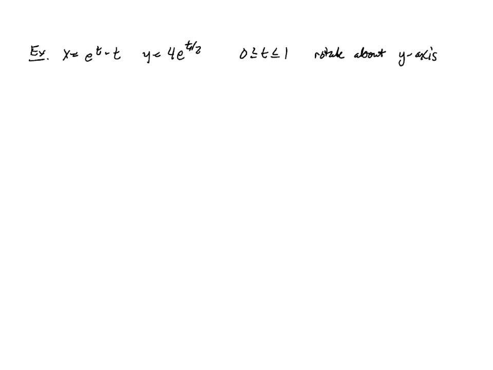So the formula we're going to use in the end is S equals the integral from t equals 0 to 1, so we're integrating in our range of t values.